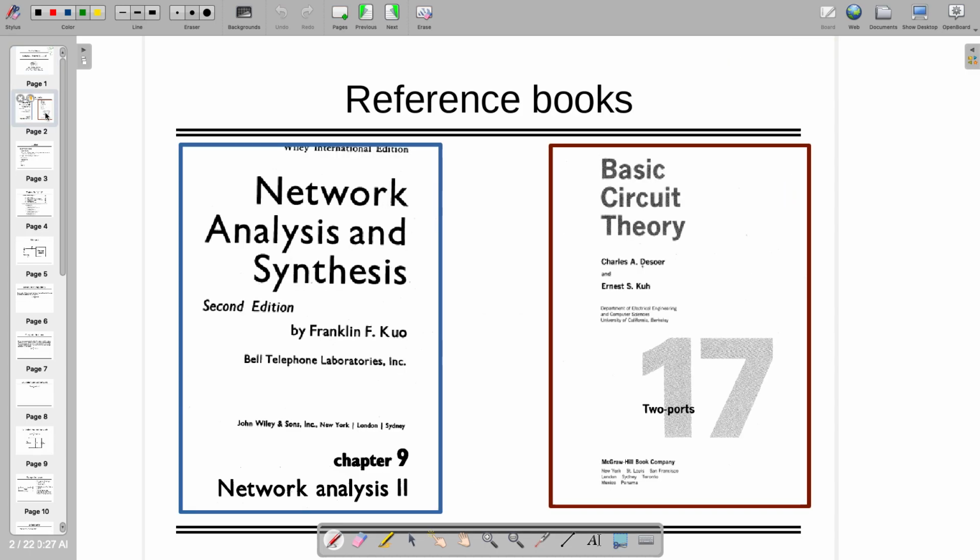Now for the new topic, I am returning back to our main book, which is Franklin Kuo, right? Most of the things are copied from just Franklin Kuo, chapter number 9, network analysis, part 2. But sometimes I am going to refer to this book also, which is Desoer and Kuh.